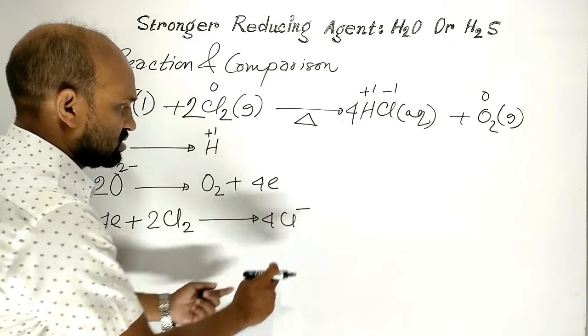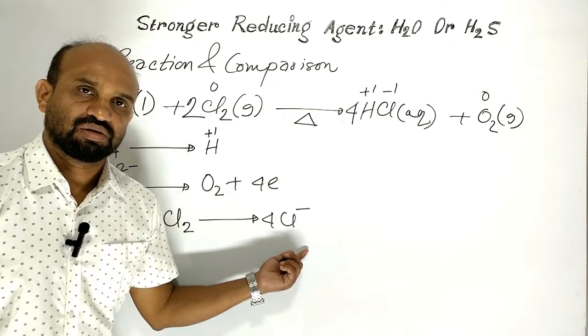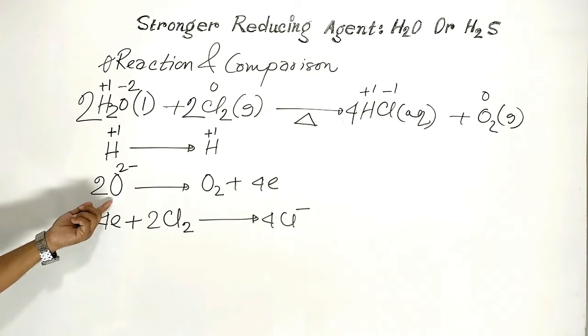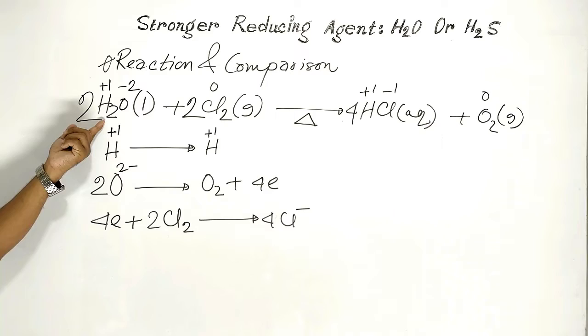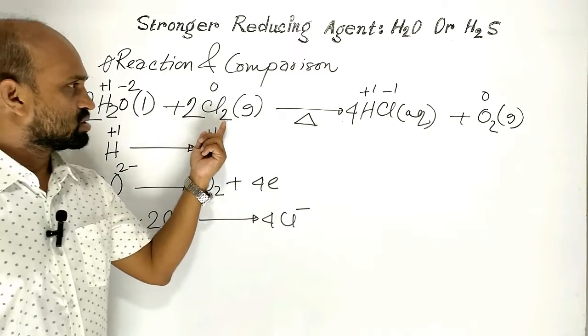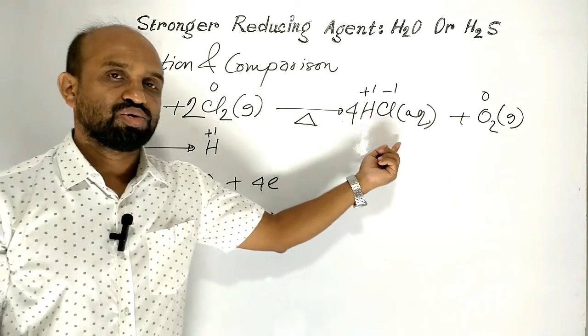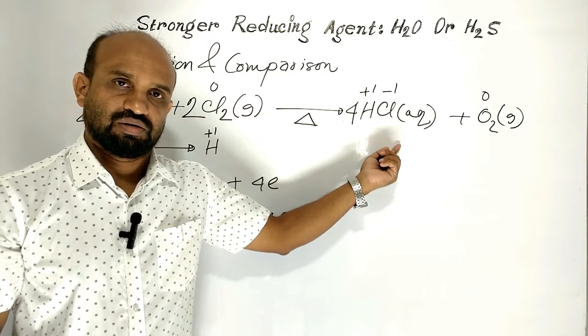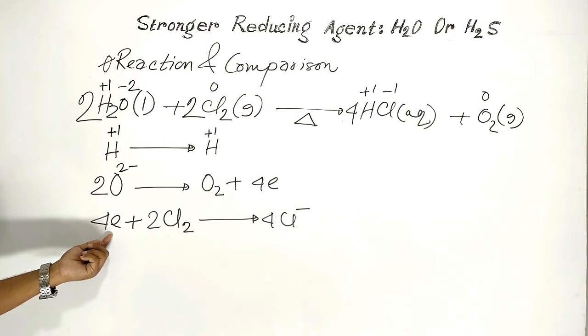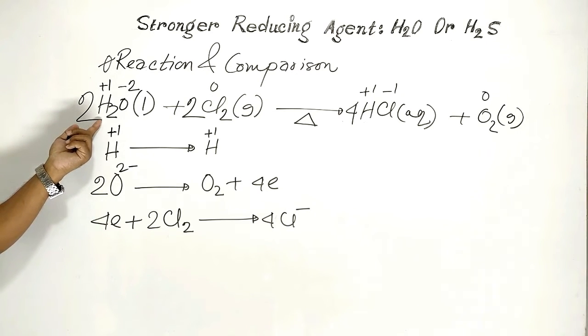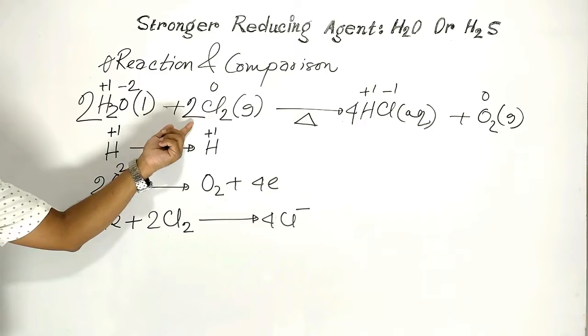This reduction happens by the oxygen, that is by water molecule. That is, in this reaction, water molecule reduces chlorine to chloride ion, giving these 4 electrons.